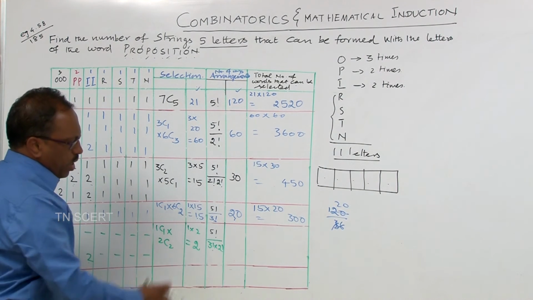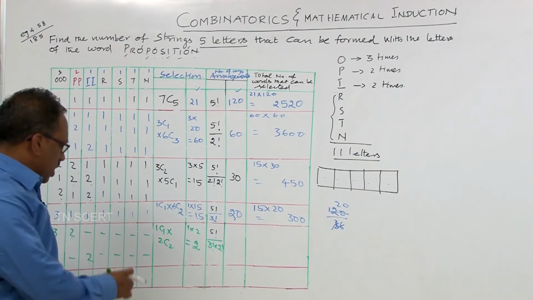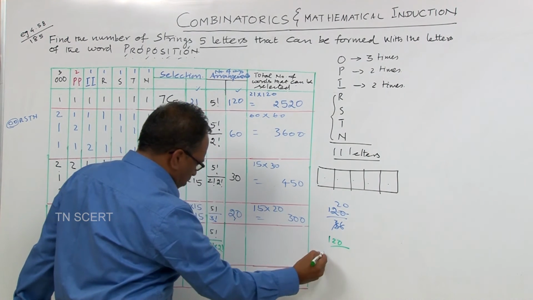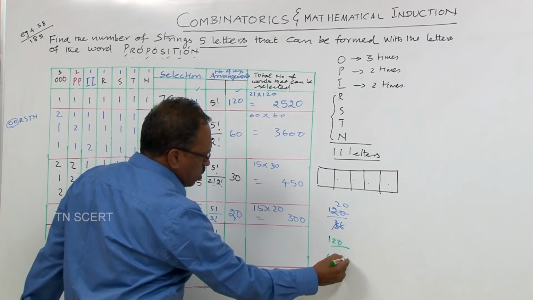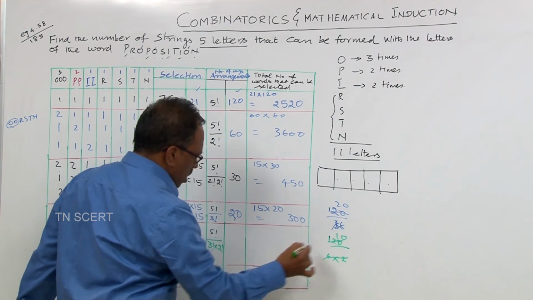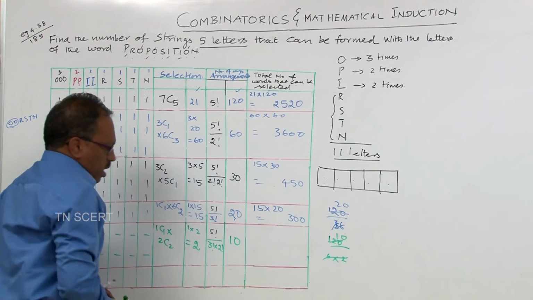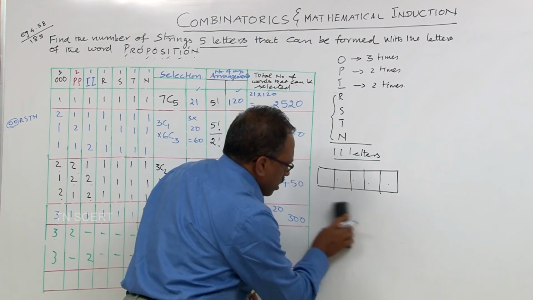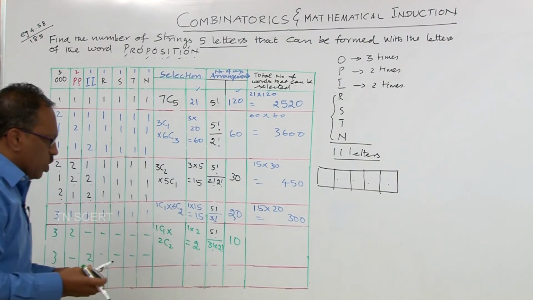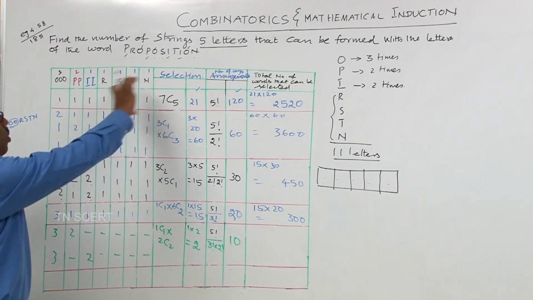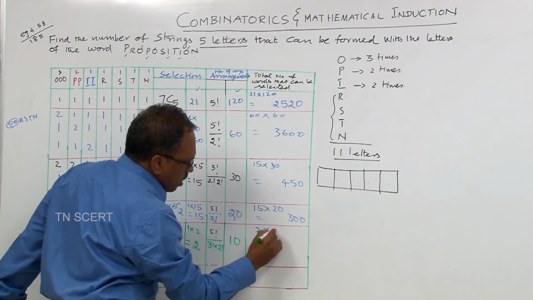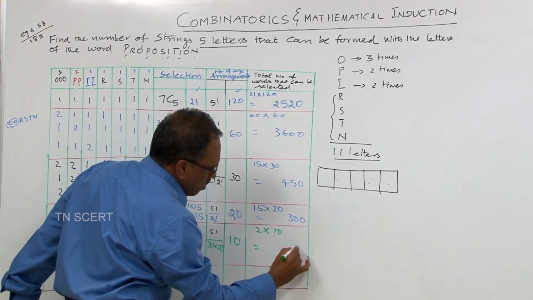So 3 factorial by 2 factorial. So 5 factorial is 120, 3 factorial is 6 and 2 factorial is 2. So here it is 10. Now the total possible ways are like this. So 2 into 10, which is nothing but 20 here.